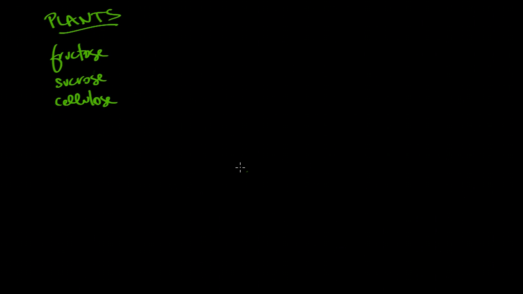So fructose, as you see in the chart that we just drew, is a monosaccharide, and it is the thing that makes fruit sweet. So this is the sugar that is in fruit to make it sweet, but that sugar is not meant for the plant itself.